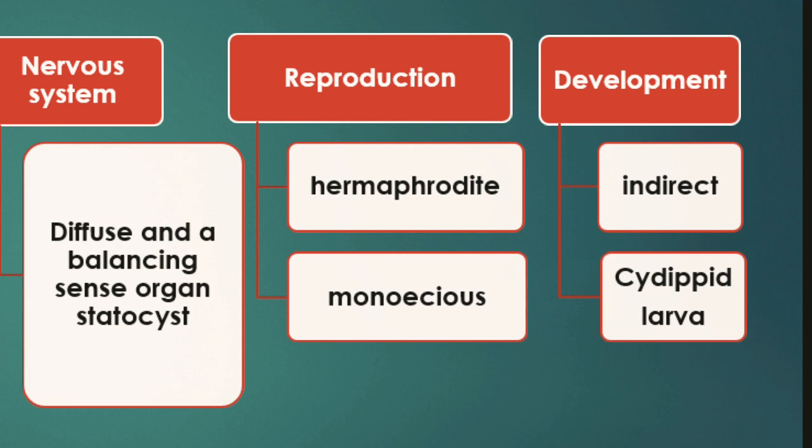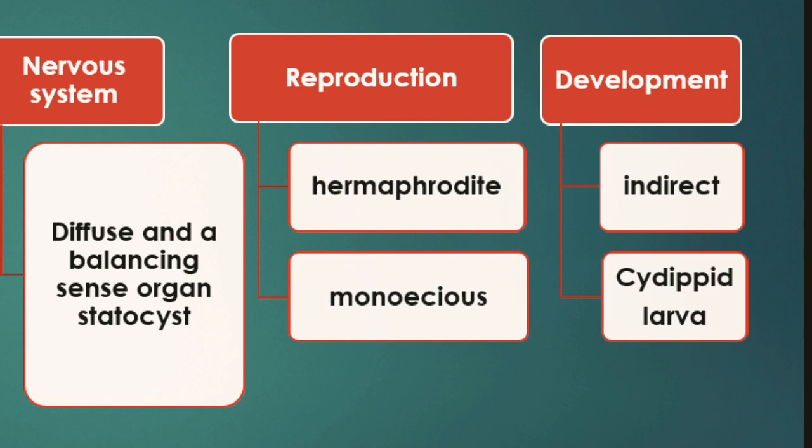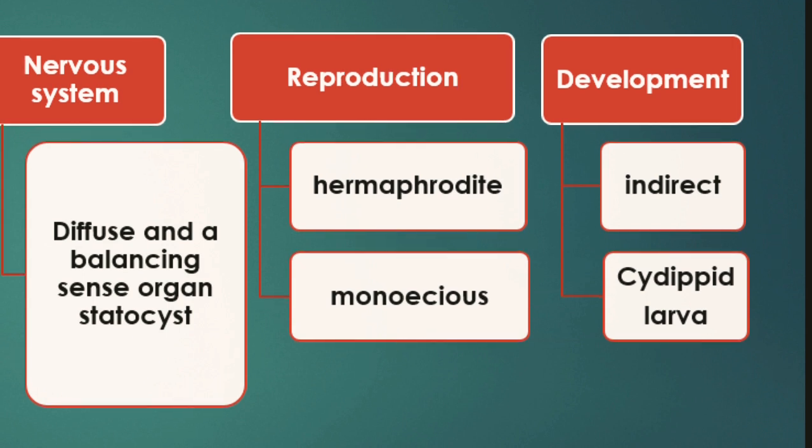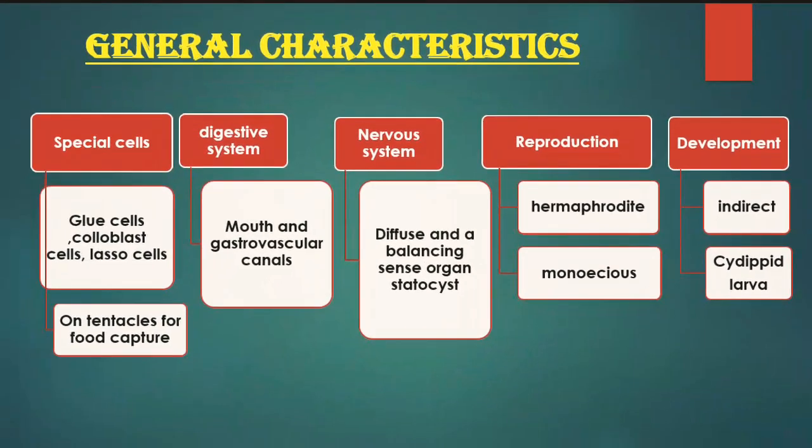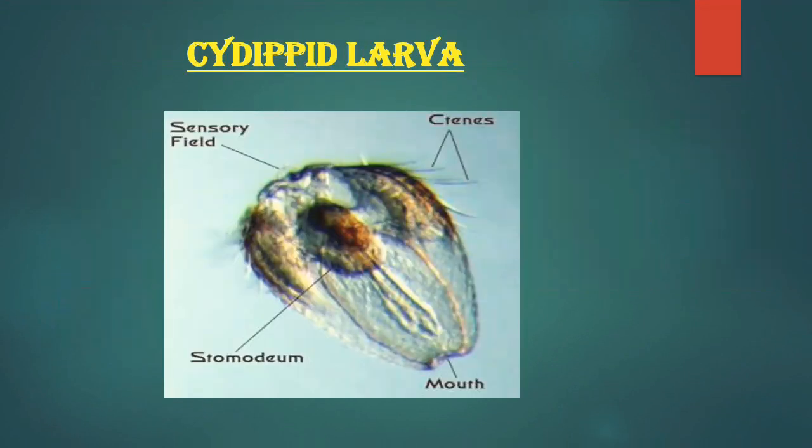When the young one does not resemble the adult one, but has a larval stage which, after some development, will resemble the adult one, it takes some time, then it is known as indirect, because the child does not completely resemble the parent, it has another stage in its life, the larval stage. So which larva is present? Cydippid larva. Now you can see the diagram of the cydippid larva, I will show you all. This is the cydippid larva, you can see here.